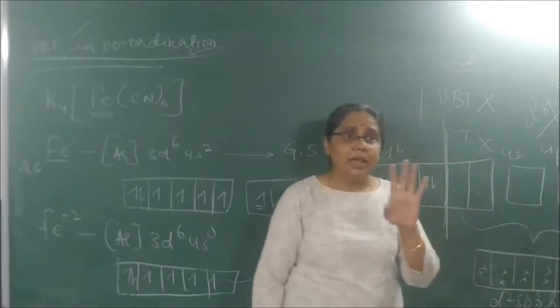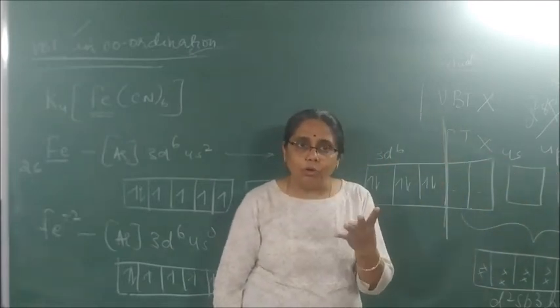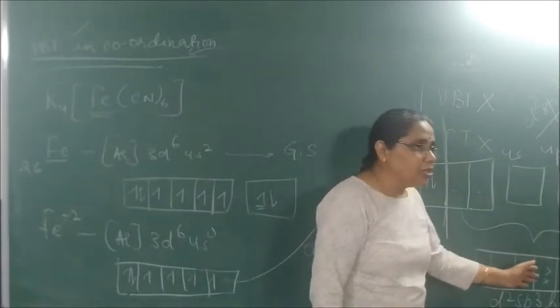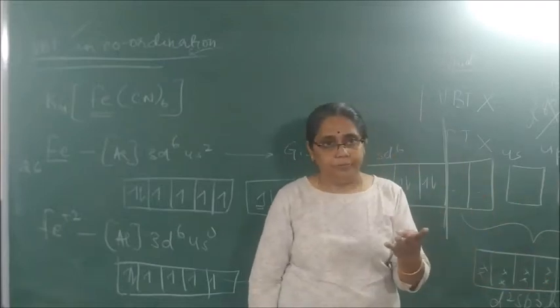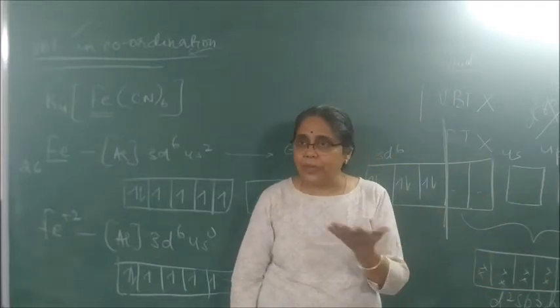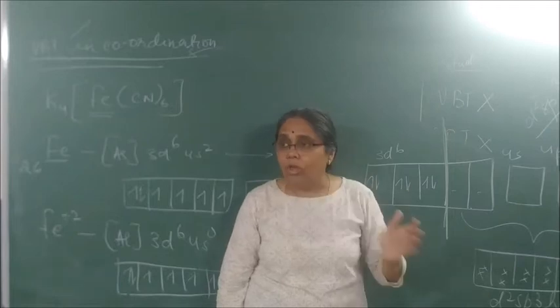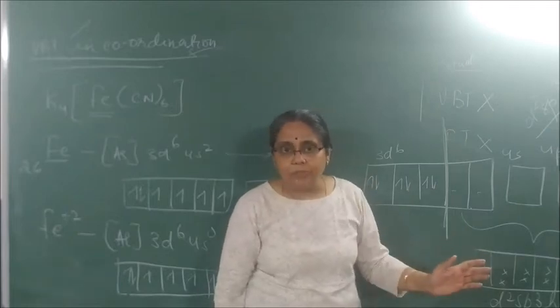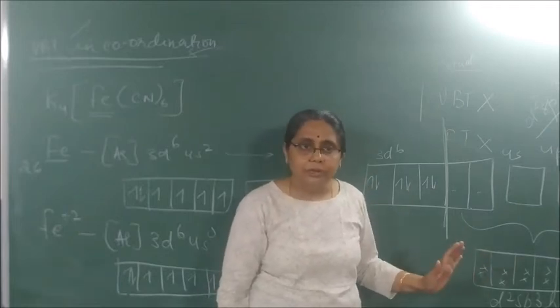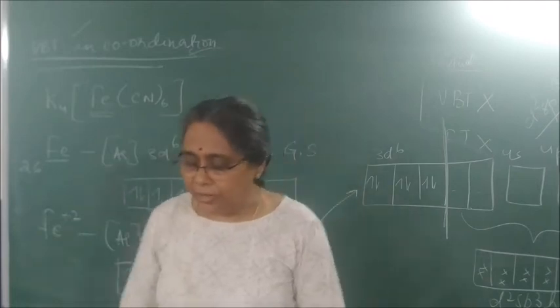If it is a tetrahedral complex or 4 coordination number, how many orbitals should fuse? 4. Clear? So it can be sp3 hybridization or it can be dsp2 hybridization. Clear? Please write.